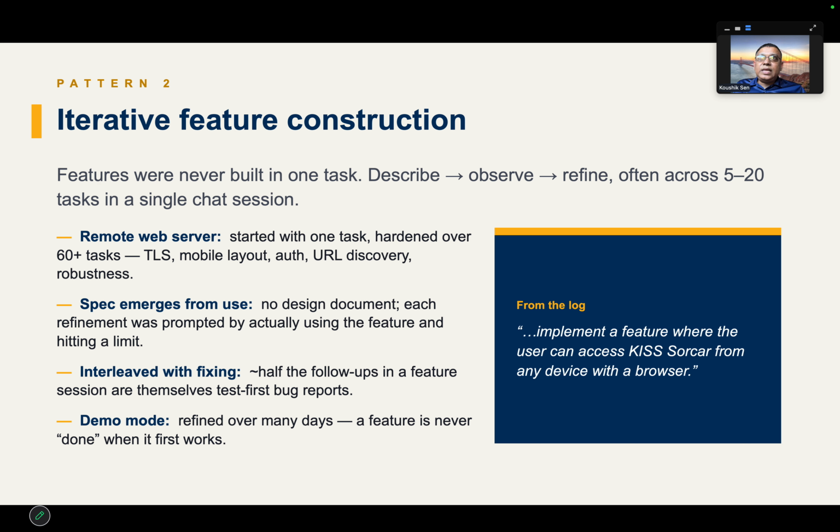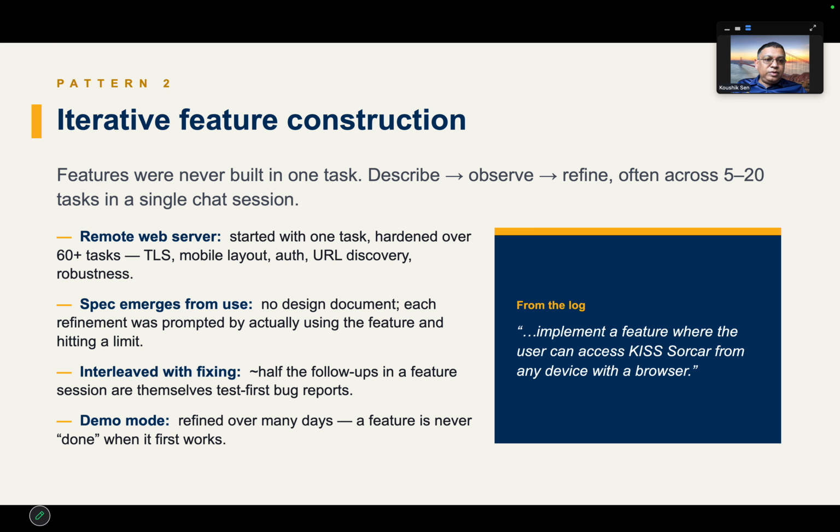For example, I built this Kiss Sorcar as a VS Code extension, and then I realized that I also have to create a web application or a browser application so that I can access the Kiss Sorcar agents and its tasks remotely. So I gave a very simple prompt.